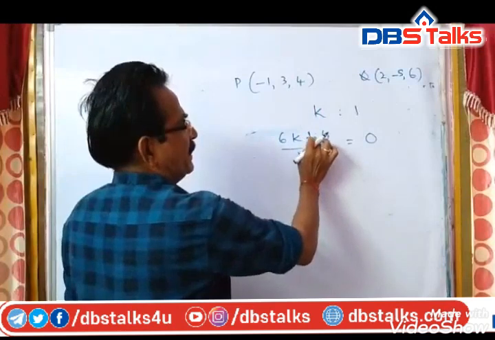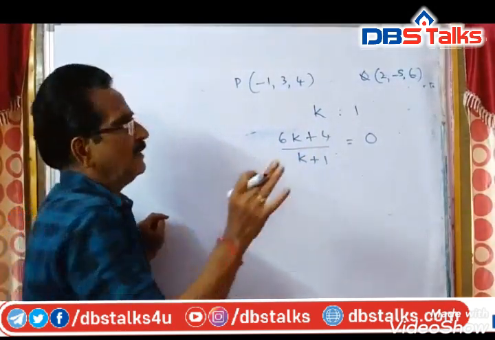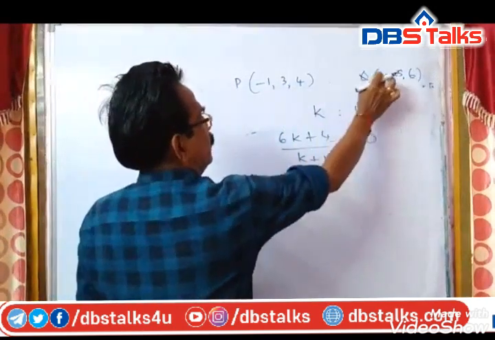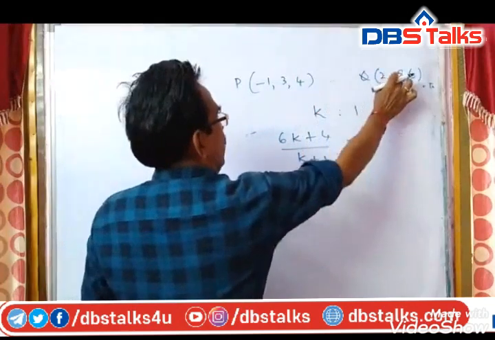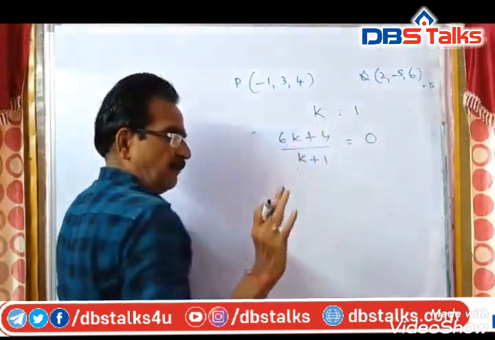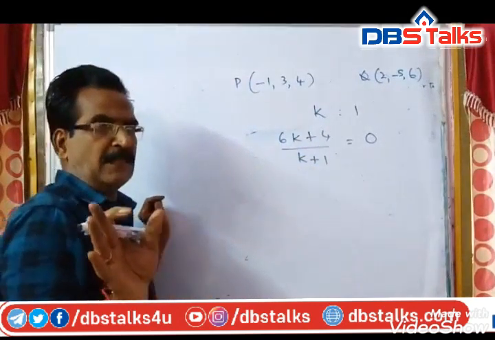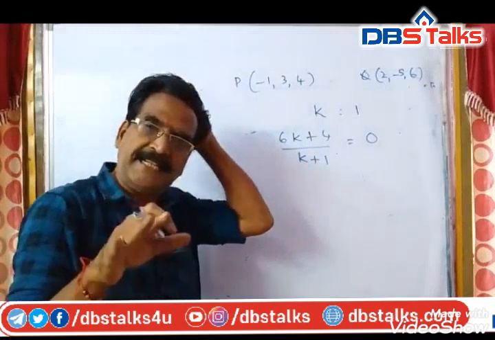We are not finding the x coordinate and y coordinate. X coordinate means k into 2 plus 1 into minus 1 by k plus 1, and y coordinate k into minus 5 plus 1 into 3 by k plus 1. We are finding only the z coordinate because we want the ratio in which the xy plane divides.